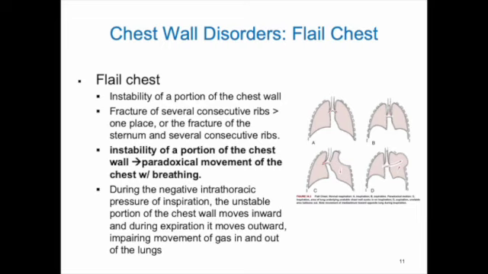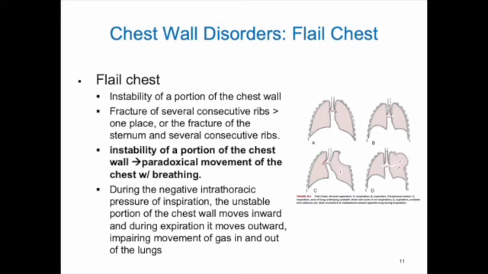During the negative intrathoracic pressure that occurs with inspiration, the unstable portion of the chest will move inward, and then during expiration, it's going to move outward. This is impairing the movement of gas that needs to happen naturally in and out of your lungs. Usually, flail chest is associated with underlying lung contusion, like some type of trauma.